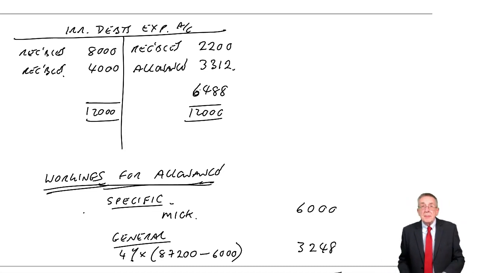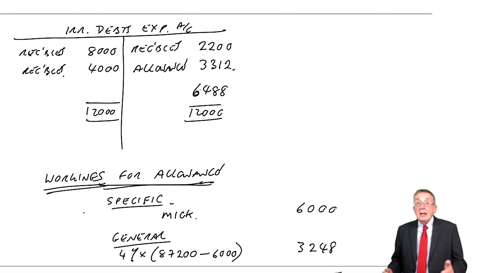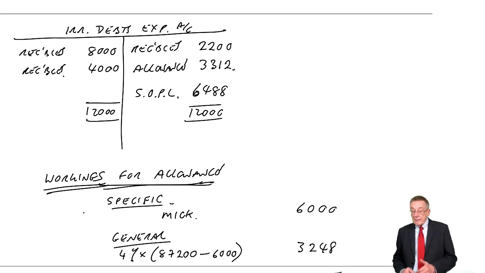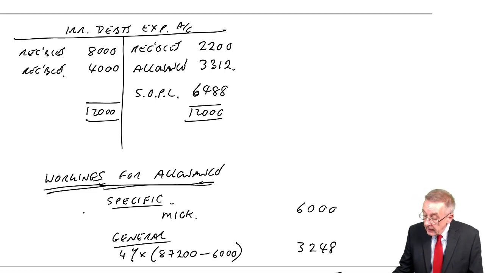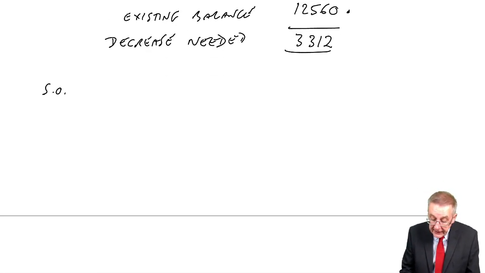We've got some money from somebody who'd already been removed. We've reduced the allowance. But that net cost of everything, the expense, as always, to the statement of profit or loss. For completeness, let me show you an extract from the statements. On the statement of financial position, under current assets.